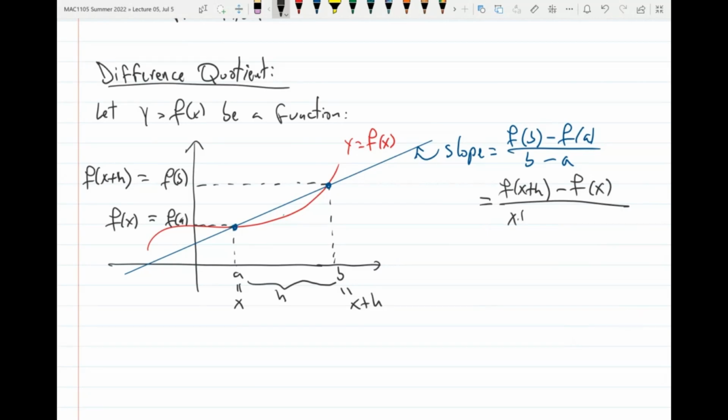But let's put in what it is. So x plus h minus x. So we have a small simplification in the bottom, and then we get f of x plus h minus f of x over h. In other words, this right here is what we call the difference quotient of a function, but this is just the average rate of change from x to x plus h. That's all it is. Okay?